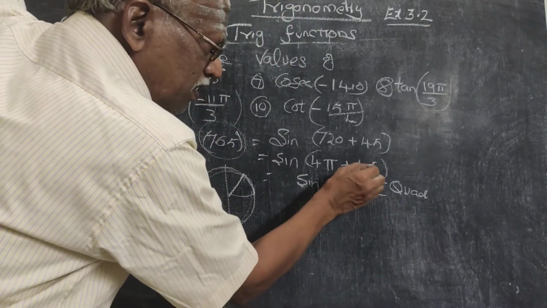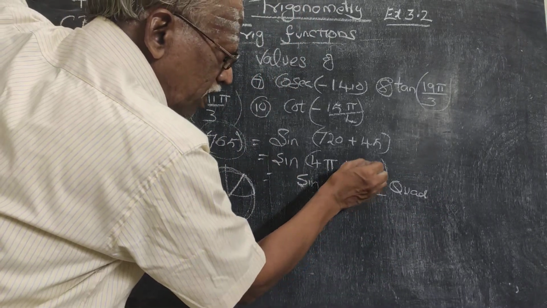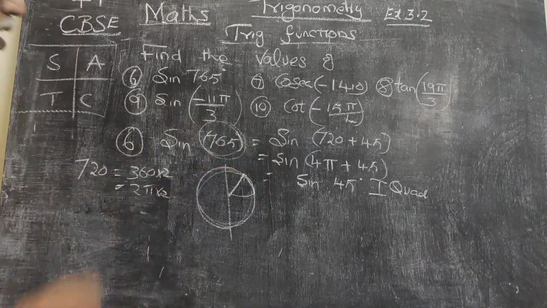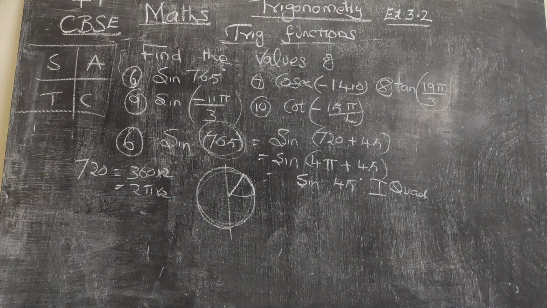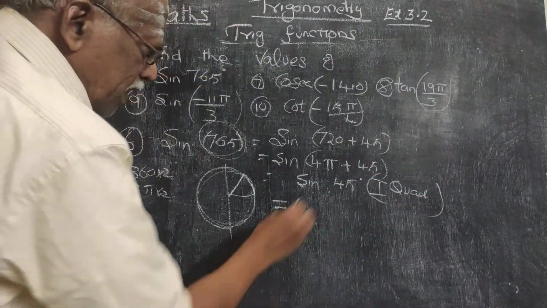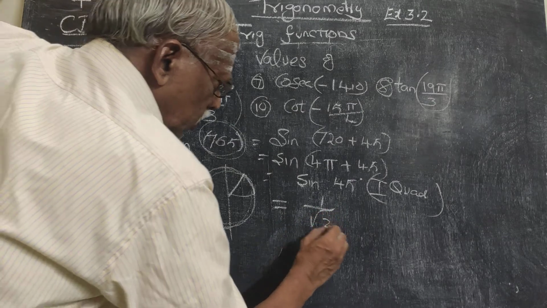So don't estimate by this 45; you have to decide the quadrant on the basis of the given problem, 765 degrees. Sin 45 lies in the first quadrant, then you write the value of sin 45 as 1 by root 2.